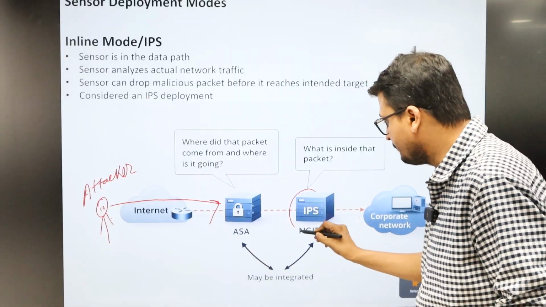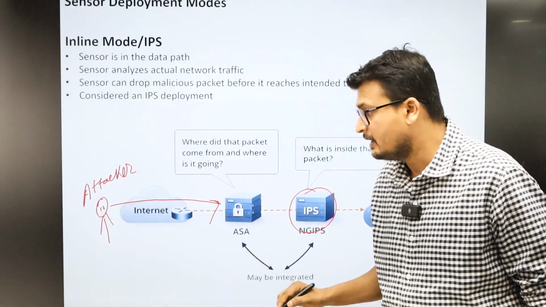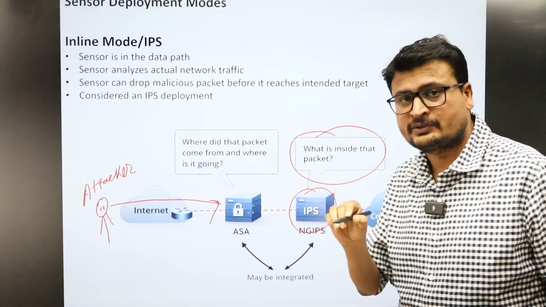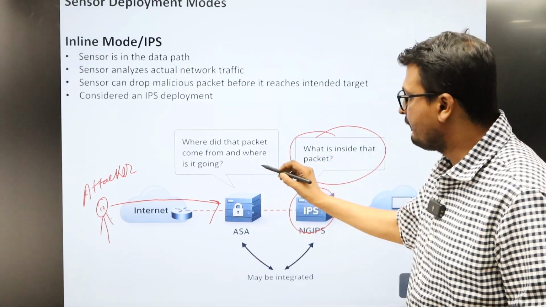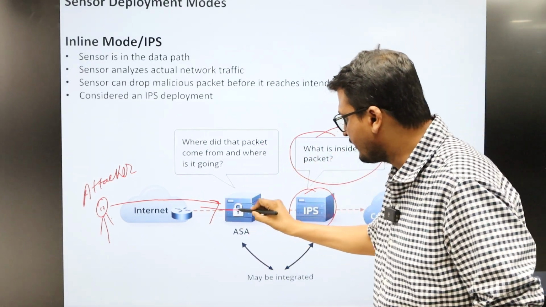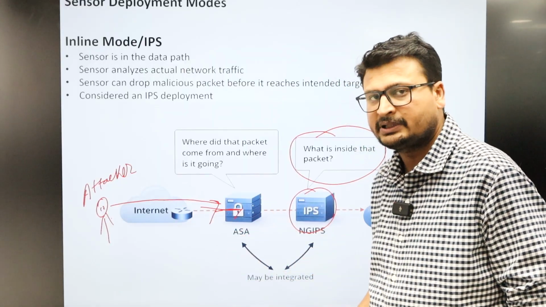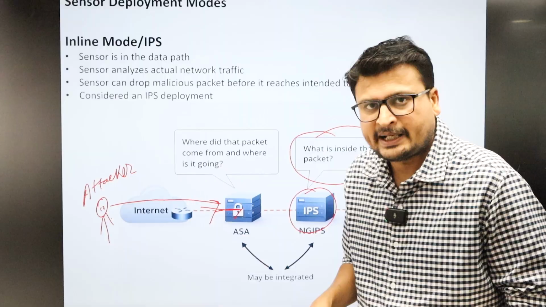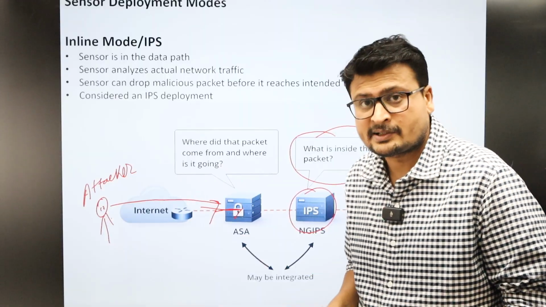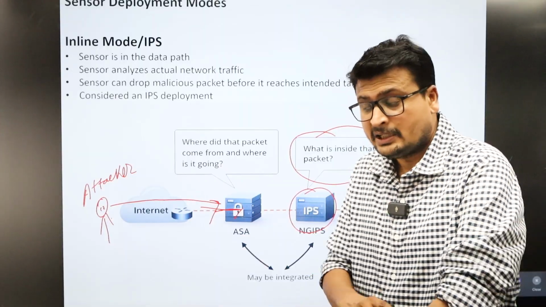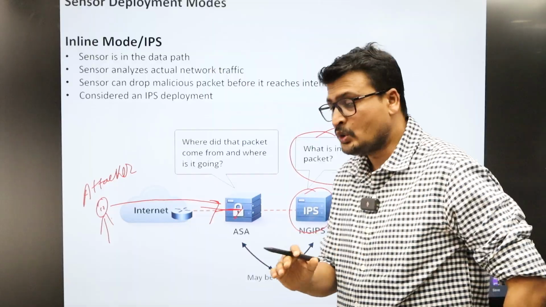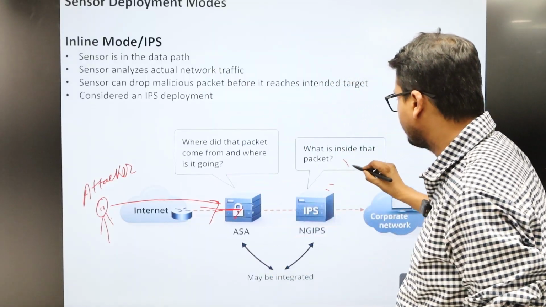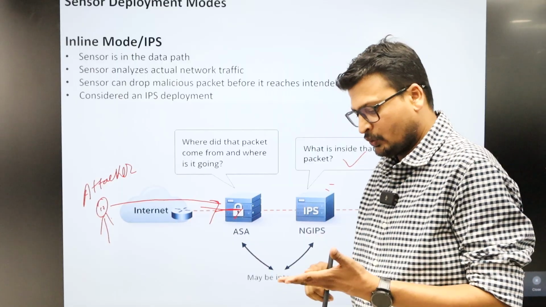Second is your IPS. Your IPS looks into what is inside a packet. Now, this is what you have to understand. The firewall can see whether this guy can be allowed or not, but the firewall can't decide what is inside a packet, like whether it is malicious or carrying any virus. So looking into what is inside a packet is the task of your IPS.